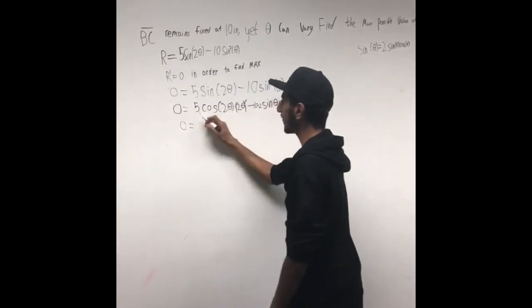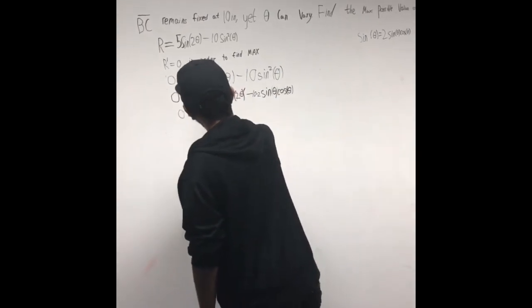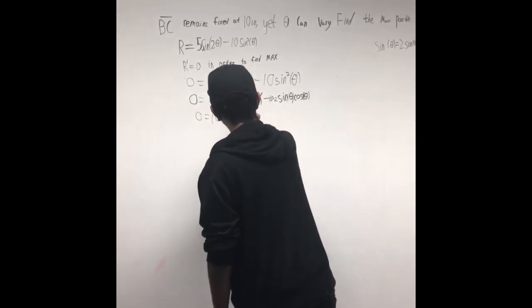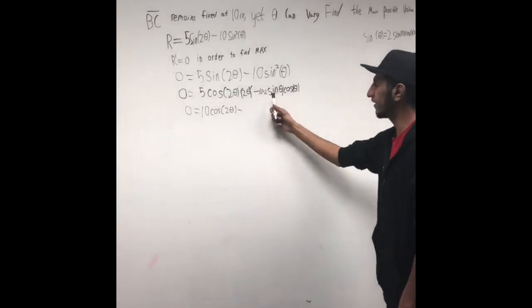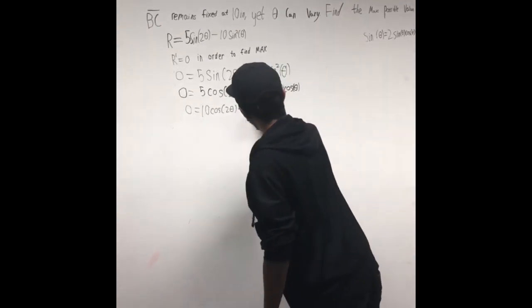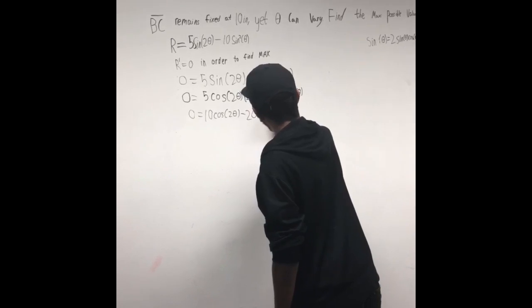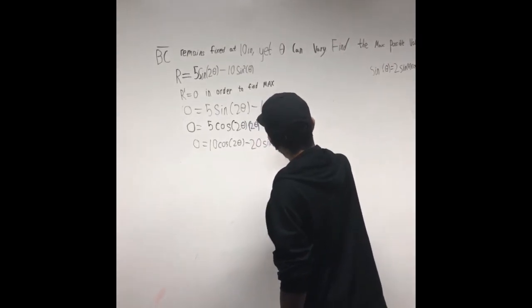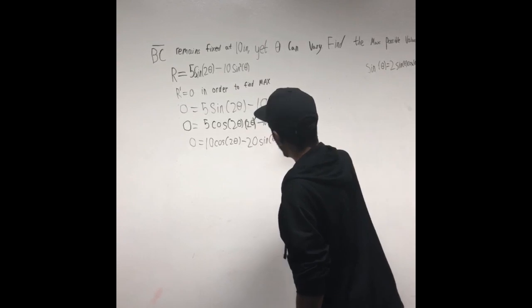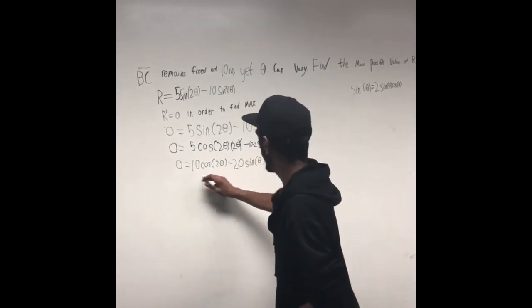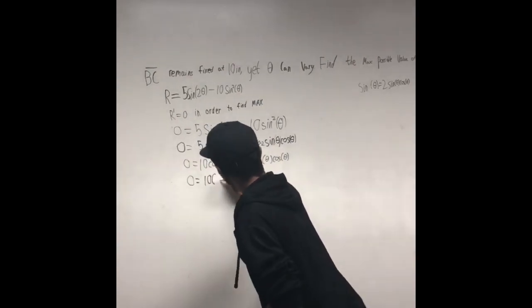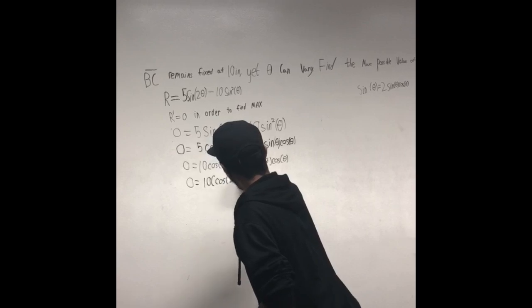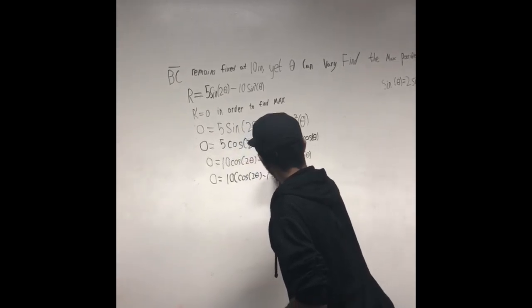So we do 2 times 5, which is 10. Then we simplify this down, 10 times 2, so it's 20. Alright, now we can simplify out the 10 here. So 2 theta minus.